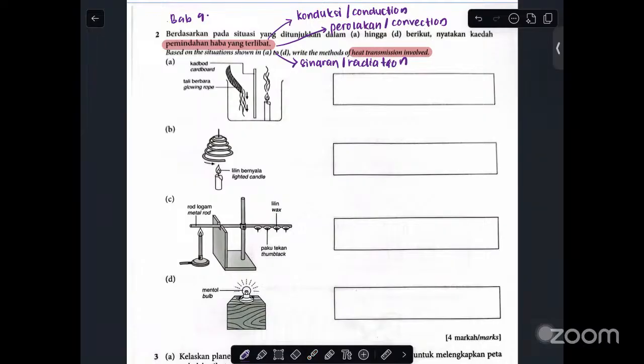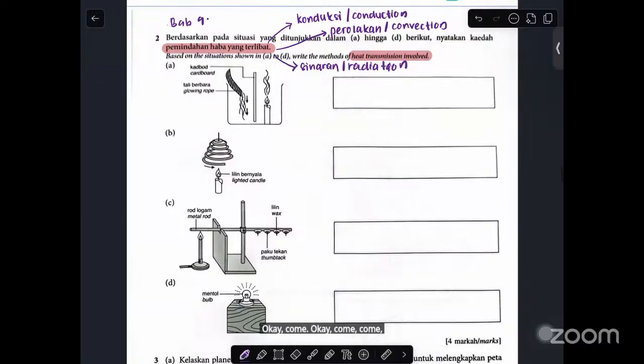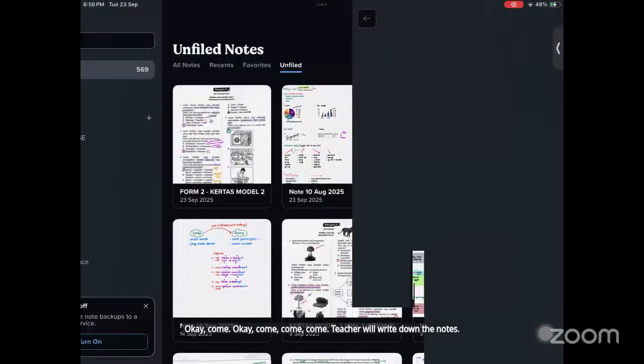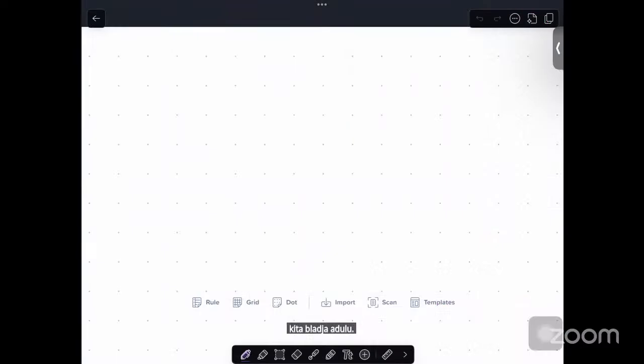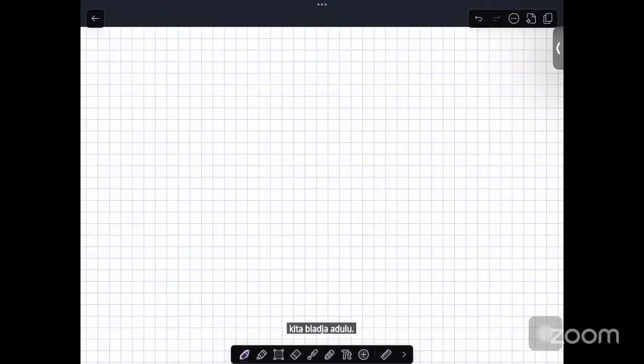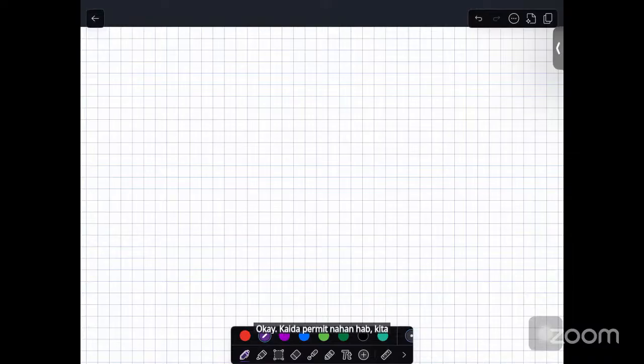Dah, tapi bila cikgu ajar, cikgu tu... Okay, come. Okay, come. Teacher will write down the notes. Come. Kita belajar dulu. Okay. Kaedah pemindahan haba, kita ada 3. We have konduksi.